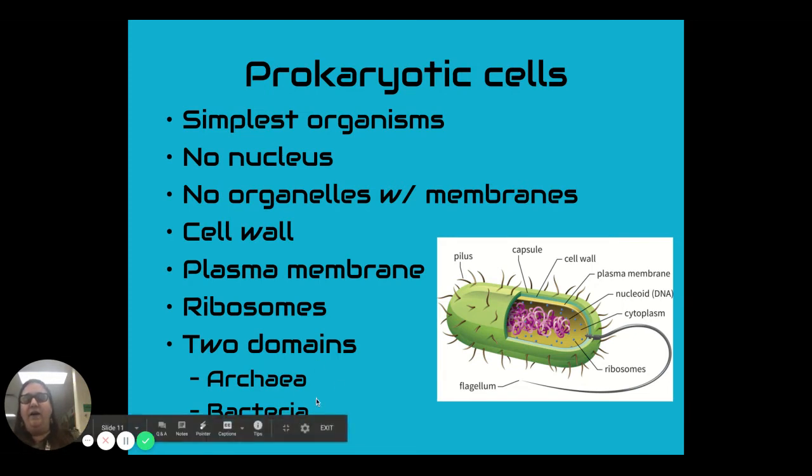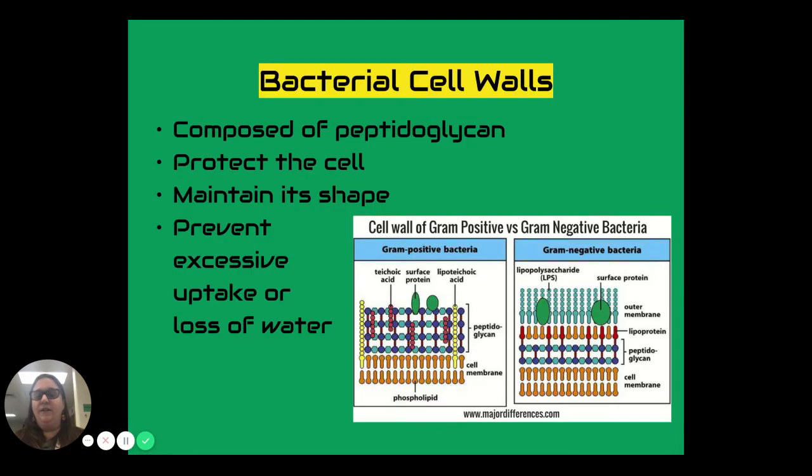And then you also have the eubacteria, which live everywhere. They also live in and on us. Okay. So to help propel them, sometimes they have little cilia or pili, and then they'll also have flagella, which is a whip-like tail structure that helps move them through whatever substance they're in.